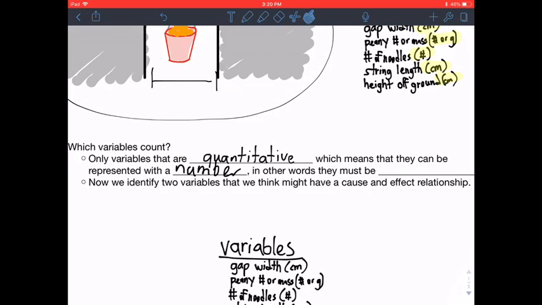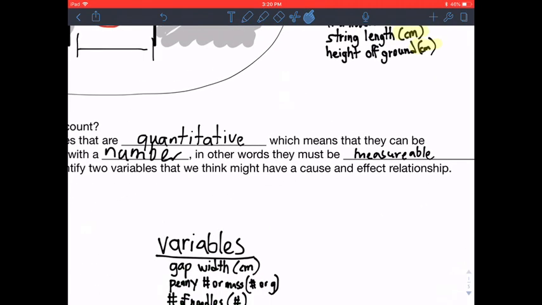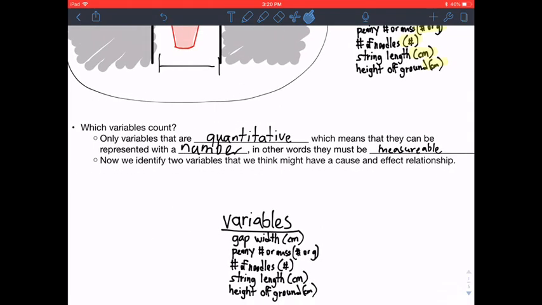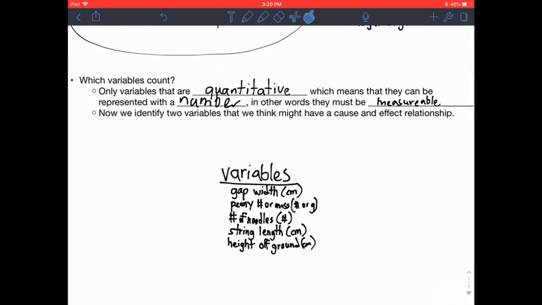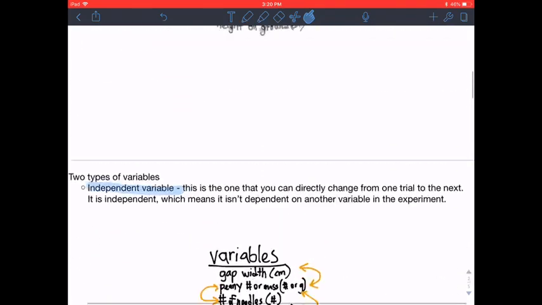In other words, those things must be measurable. Okay, so in physics, if we cannot measure a variable with a number, then we are not going to include it in an experiment. In this case, all of those variables, gap width, penny number or mass, number of noodles, string length, height off the ground, all of those variables are quantitative, and so they would all count.